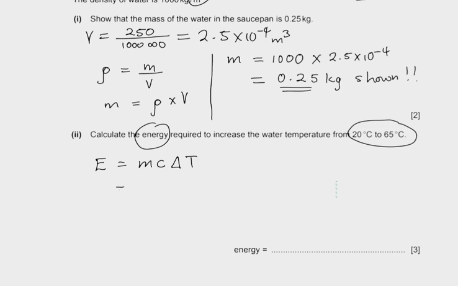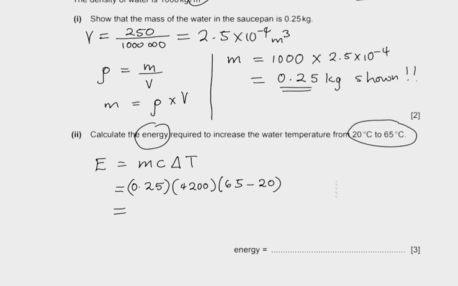So we're going to use the same thing. The mass, we just calculated it there. So the mass is 0.25 times the specific heat capacity, that's 4,200, times the change in temperature, 65 minus 20.